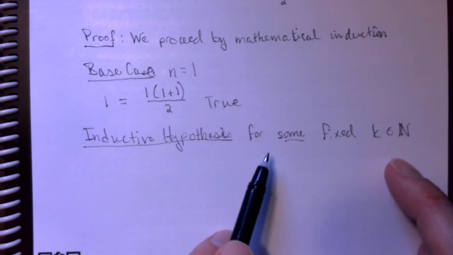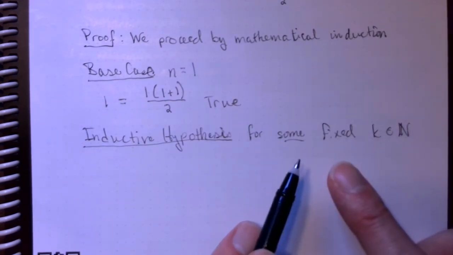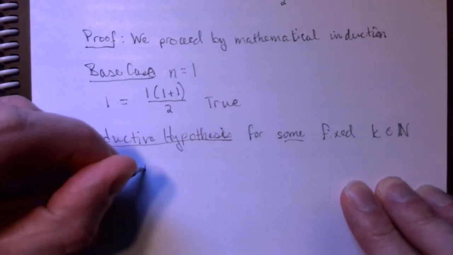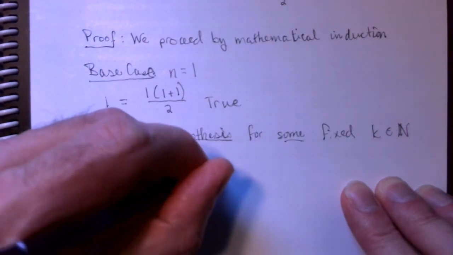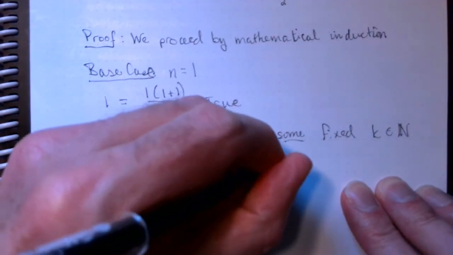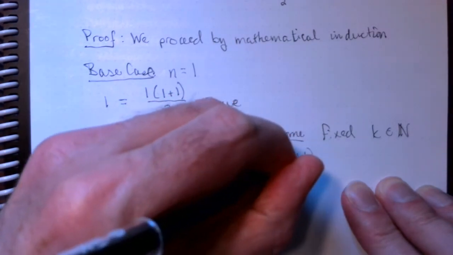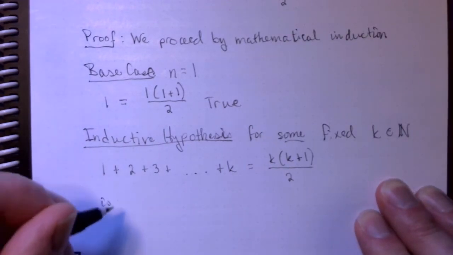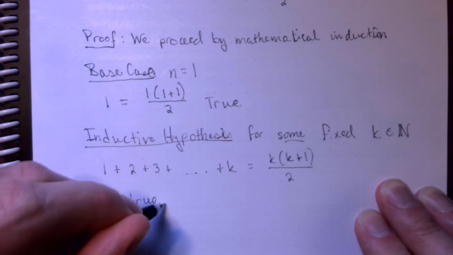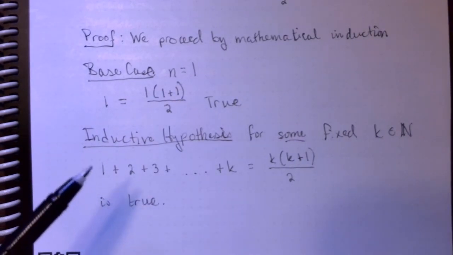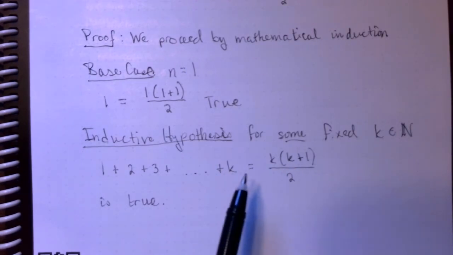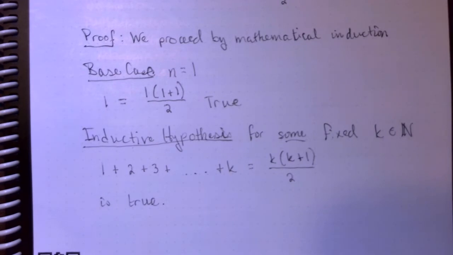For this particular problem, we are assuming that for some fixed natural number k, this equation is true. Now, the inductive hypothesis has to be done using a generic natural number. This is the key part of any induction proof.